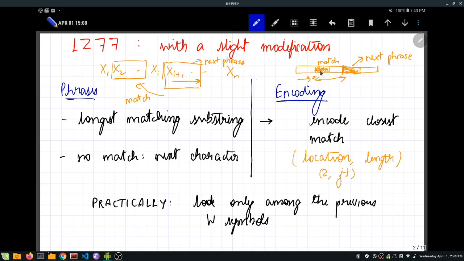It could also match with maybe this substring, but again, for the purpose of this lecture, we'll assume that we look at the closest match. So we would encode this phrase instead of the other phrase here.